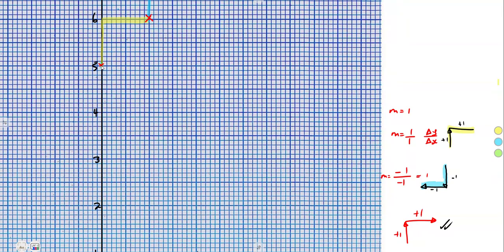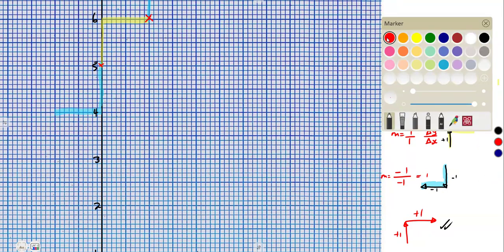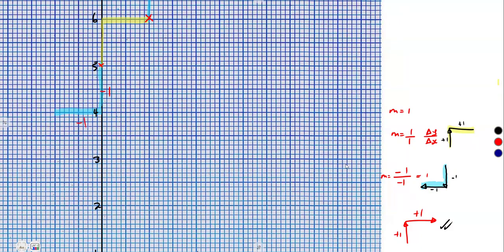So from 5, I'm going to move 1 unit down, change in y, 1 unit down, change in x, I form a right angle, 1 unit to the what? To the left, negative 1, negative 1. That is the concept. So we end up here, and where we end up, you mark that point. This is where we are.